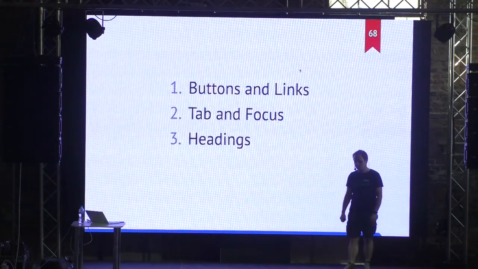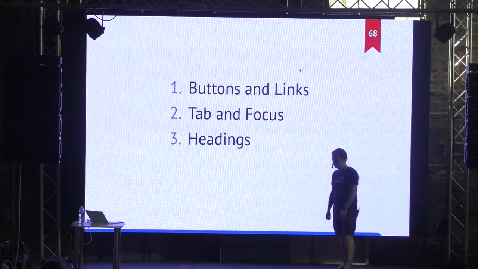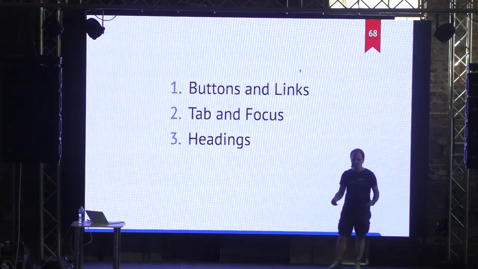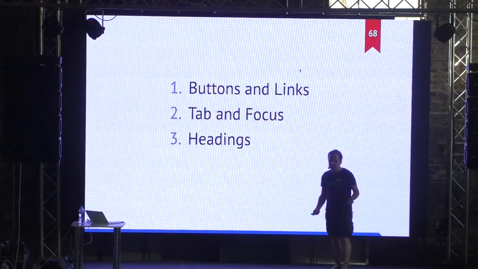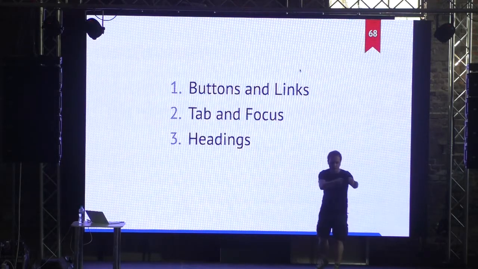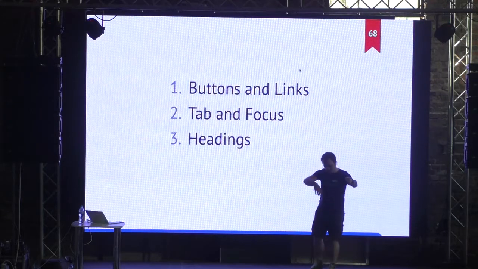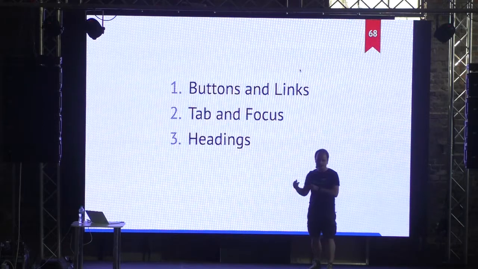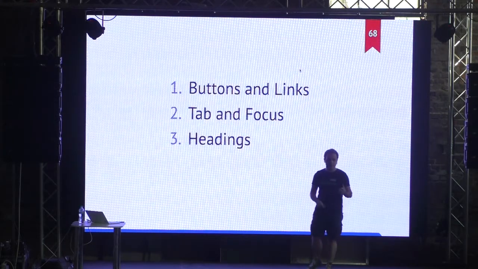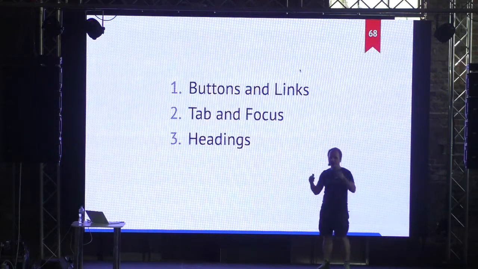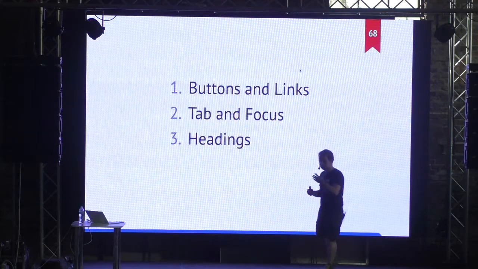Headings. Keep the structure of your page organized using headings with different levels. Because when you open a newspaper, you don't read every line. You just look through and pick the most interesting headings. Screen readers do the same thing. They look for the most valuable headings and then read the next thing.